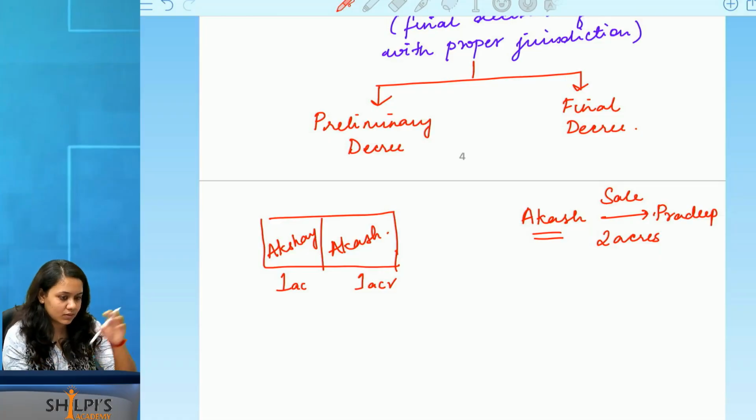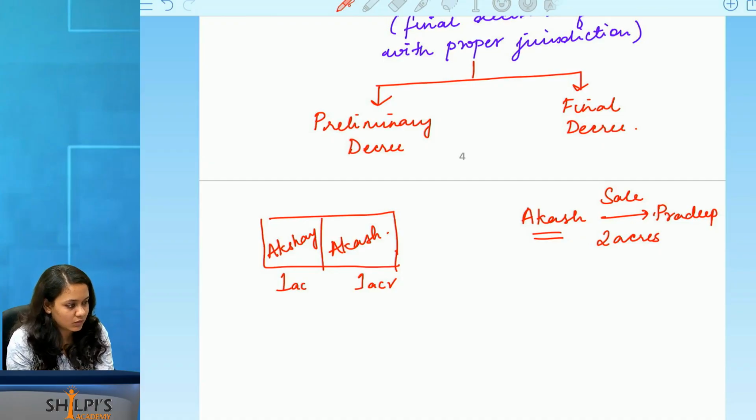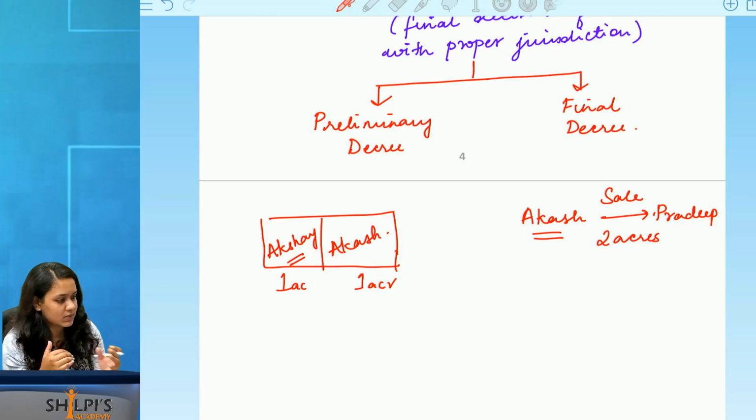Because then Pradeep will also now get involved in this suit, whereas technically he didn't do anything wrong. He assumed that he bought it from the proper owner. So don't you think some kind of a remedy should be given to Akshay immediately? Yes? Can he be waiting for the final decree to be given before his half of the property can be given back to him?